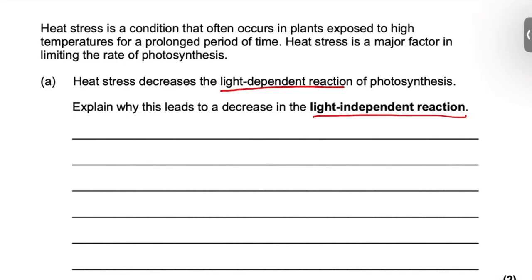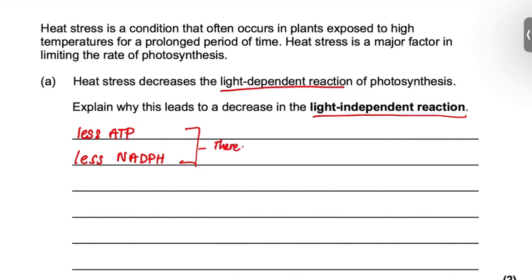So if you have less light dependent reaction, that means less ATP will be formed and less NADPH will be formed. Okay, both of these will be less. And if both of these are less, that means that you have limited the rate of the light independent reaction.